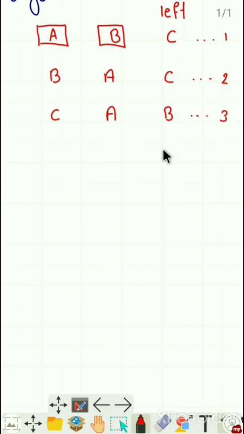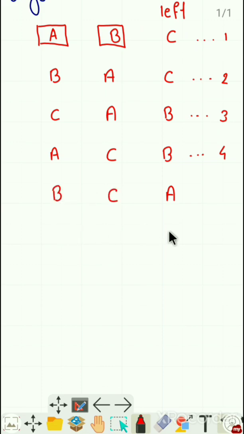In the fourth way, we again leave out B and put A here and C here. Fourth way. Then we leave out A, and we put B on the first chair and C on the second chair.